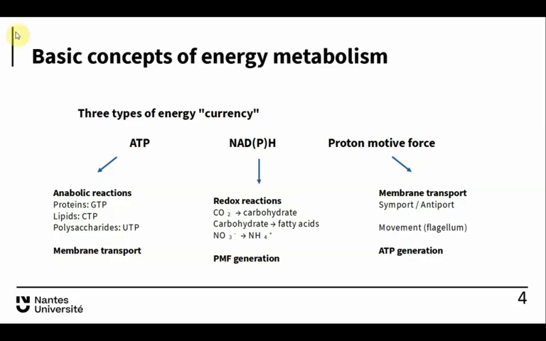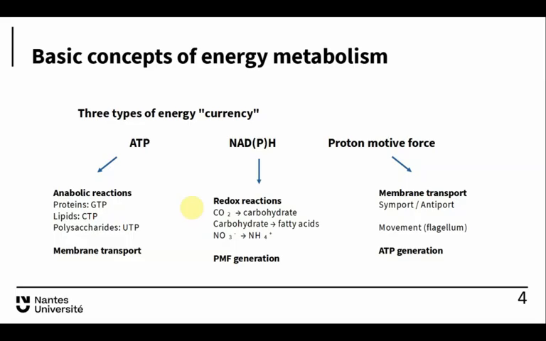NADH, why is it necessary for bacterial cells? Well, bacteria need to perform a lot of reduction reactions in their metabolism. So, of course, bacteria that are autotrophs, if they have carbon dioxide as their only source of carbon, they need to transform it into carbohydrate.